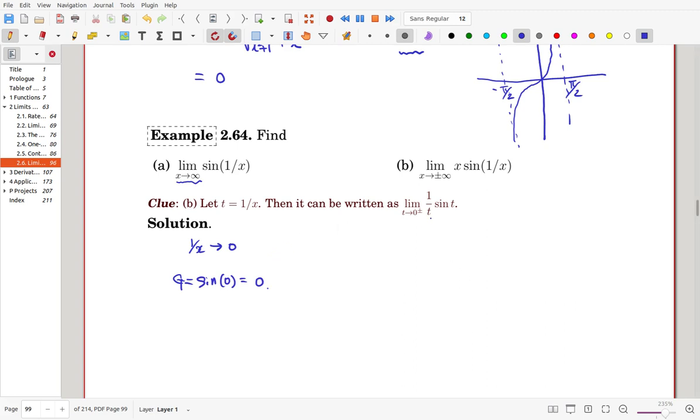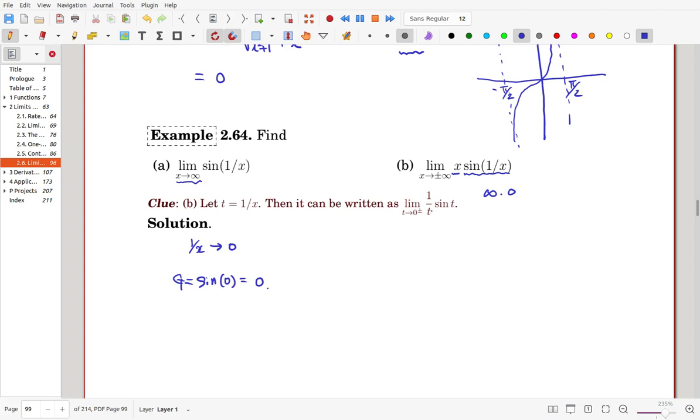For part B, x approaching either side, we have x times sine of 1 over x. Sine of 1 over x is approaching 0, but x is approaching infinity, so it is an infinity times 0 shape, and it is not easy to decide.